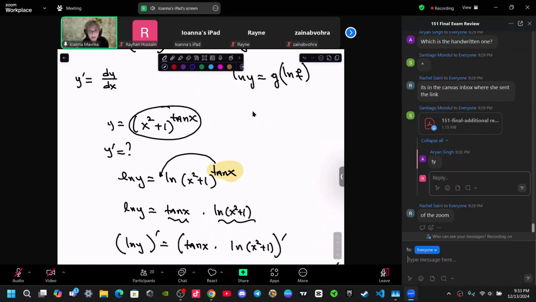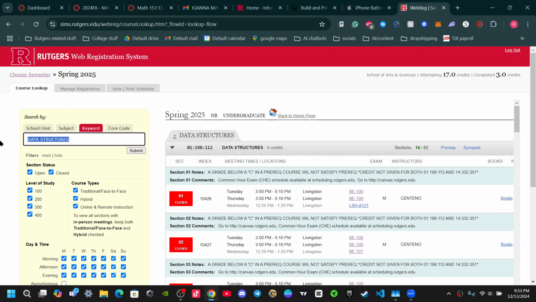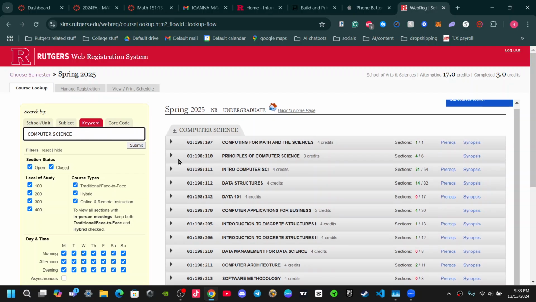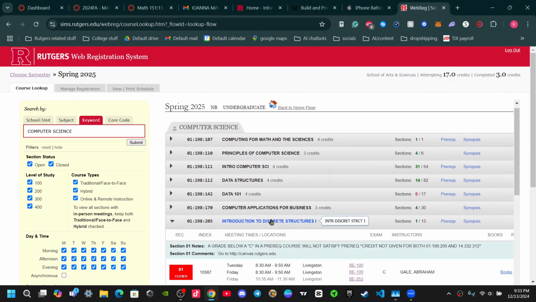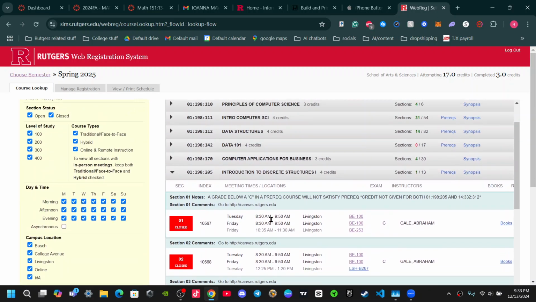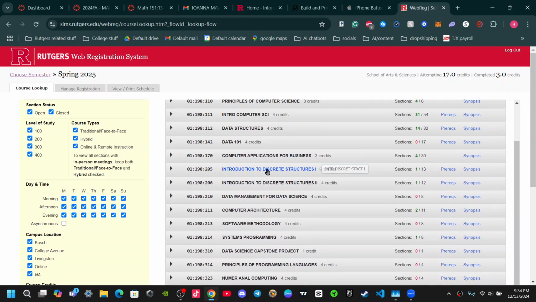The y? It's this thing. So in place of y, you write that thing again. So y prime is all that stuff we just found. Don't forget the parentheses around it. Times the y, which was, I already forgot, x squared plus 1 to the tangent. And that's the derivative. That's a standard problem.